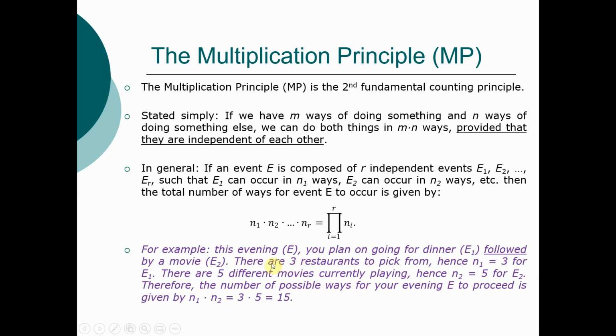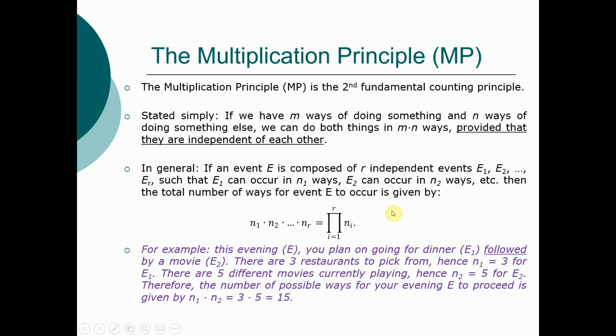If you have 3 different restaurants to pick from and 5 different movies to choose from, then you would have 15 different ways of spending your night, right? So you have 3 options for the dinner, and for each option you have 5 options for movie, right? So you would have a total of 3 times 5, 15 different ways to spend your night.